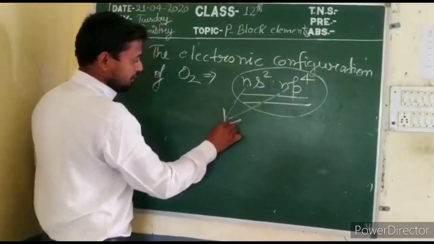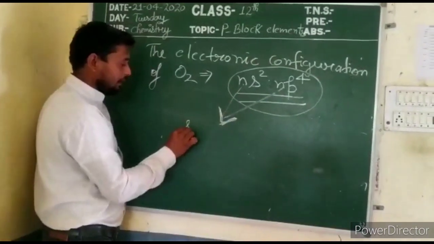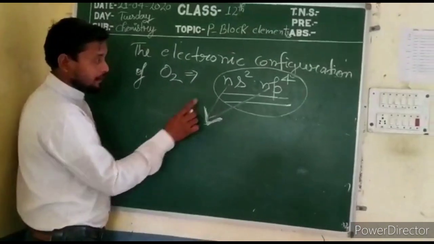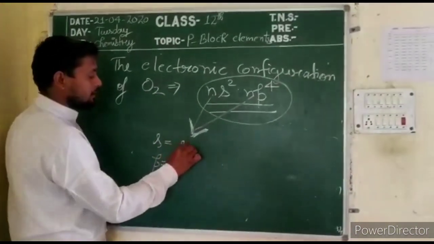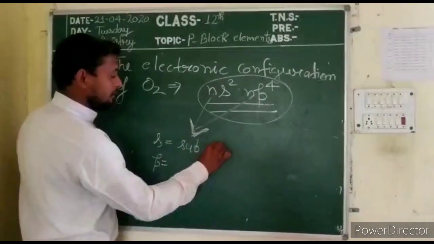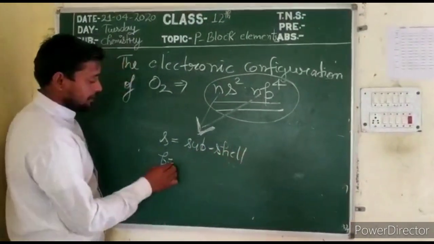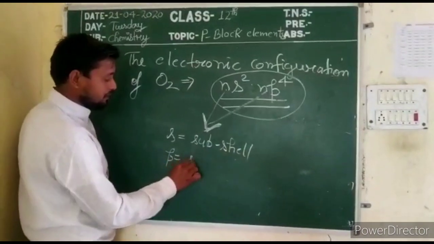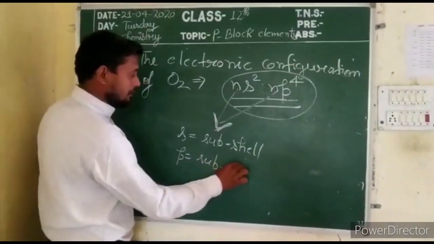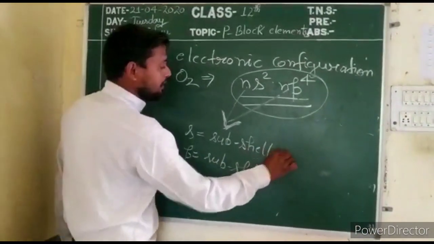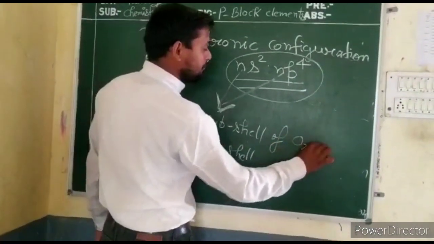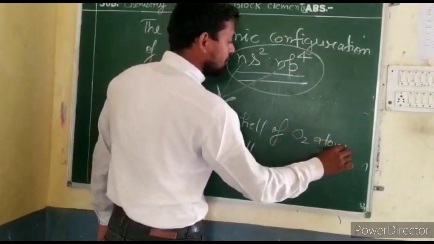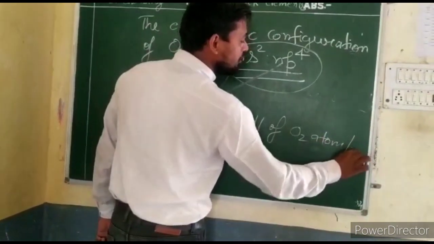Here s indicates a subshell and p also indicates a subshell of O2 atoms or molecules.